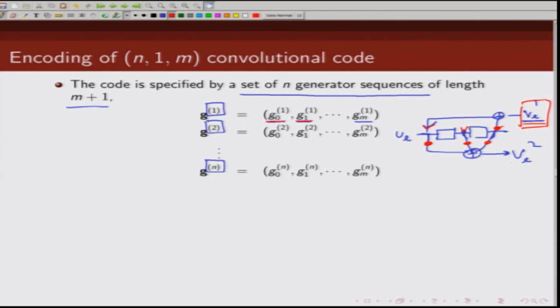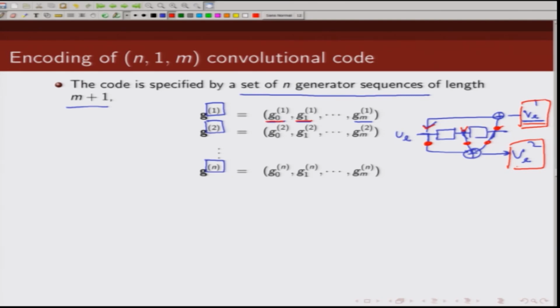Similarly, look at the second bit. Here also these m plus 1 connections completely specify whether a particular bit or the past bits are taking part in the output coded bit.